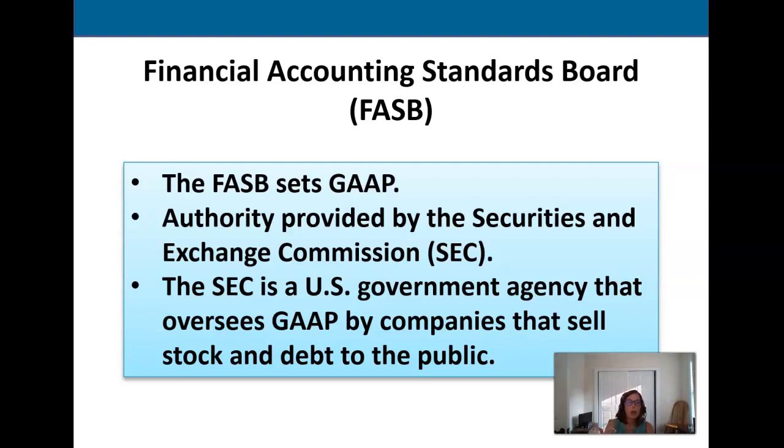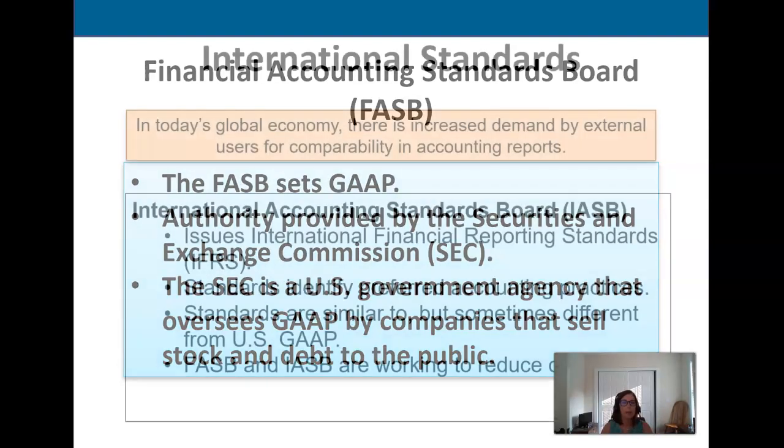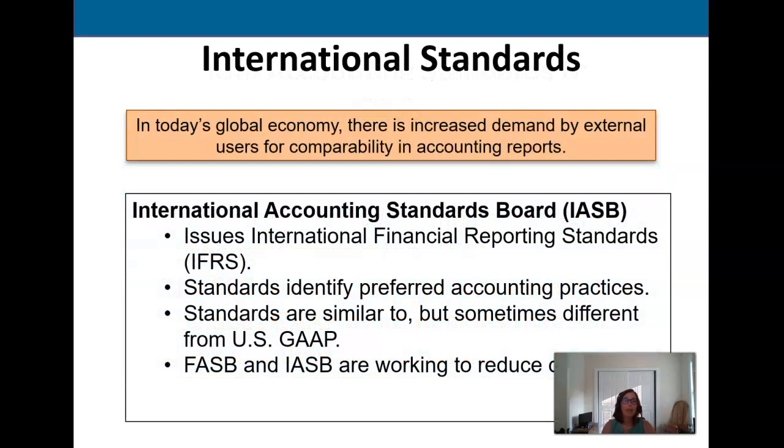The rules are not inconsistent with GAAP, but the SEC sometimes has additional rules that publicly traded companies have to follow. And those are what are applied to U.S. companies, I guess I should say, because we also have international standards that are generally reasonably consistent, but then sometimes not.